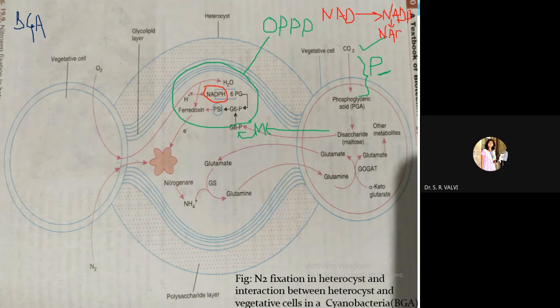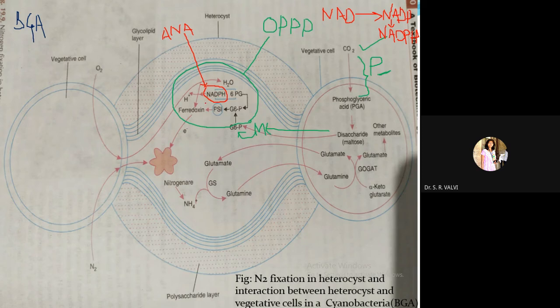So please students do remember, when this NADPH is utilized, the further reactions are anabolic reactions. There are two kinds of reaction, anabolic and catabolic. Anabolic is nothing but a synthesis reaction.